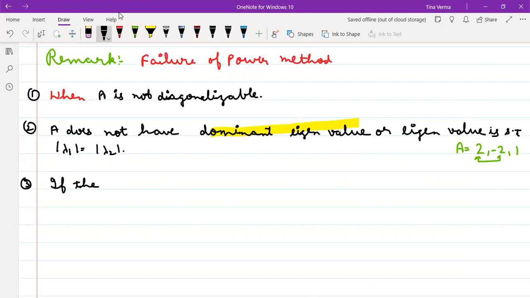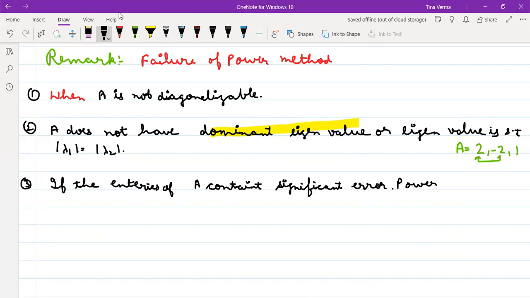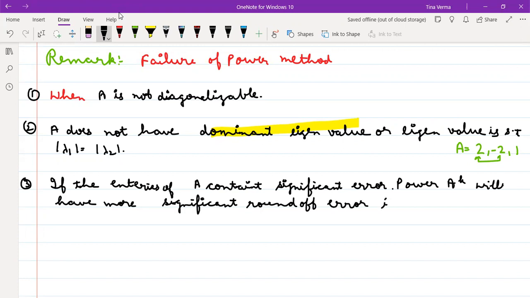So if the entries of A contain significant error, because when you do the power method, actually you are calculating the power of A. So the power A to the k will have more significant round-off error. Then you will have a lot of error in A raised to the power k as well, in the entries, right?